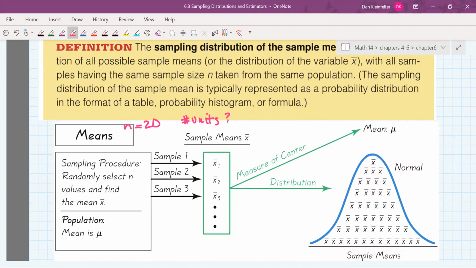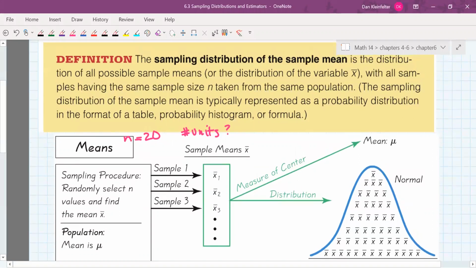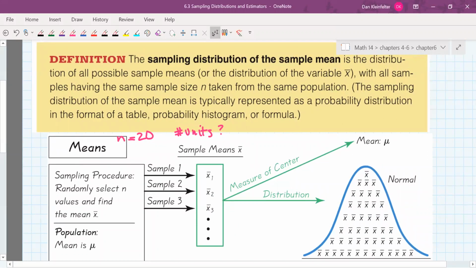Each of those 20-person groups is going to have a mean. And so what we can do is look at the distribution of all those sample means. So picture every possible group of 20 COD students, and there's a lot of them, right? And each of those is going to have a mean. That distribution of those sample means is what's called the sampling distribution of the sample mean.